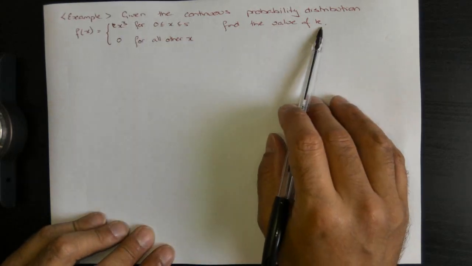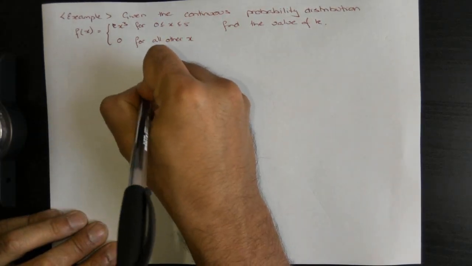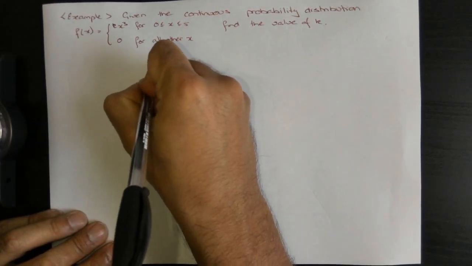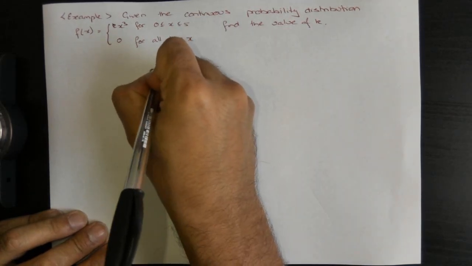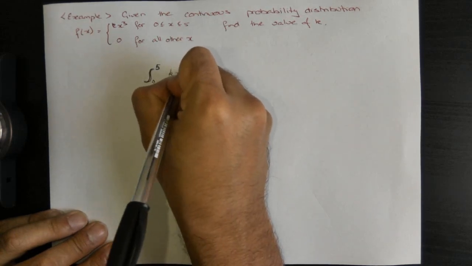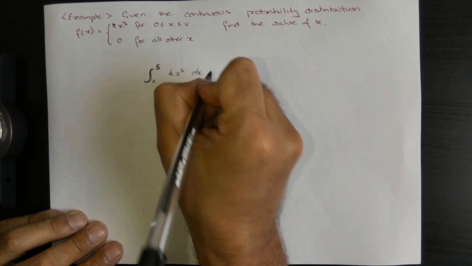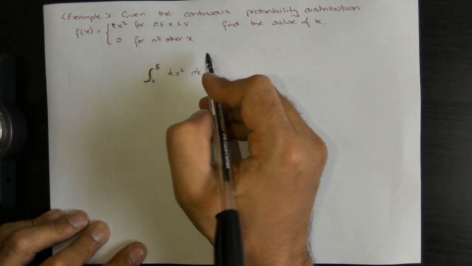We want to find the value of k. That means if I integrate this function between the values of 0 and 5, I need to get a value of 1 to figure out what k is.